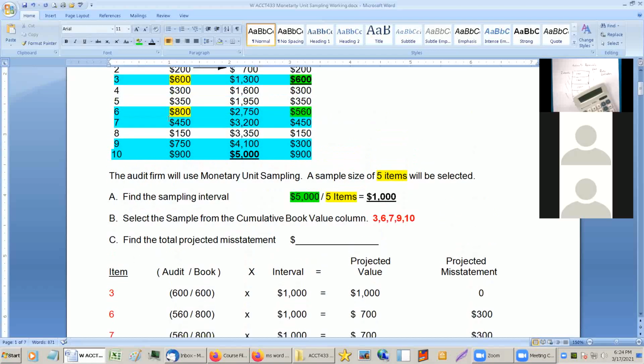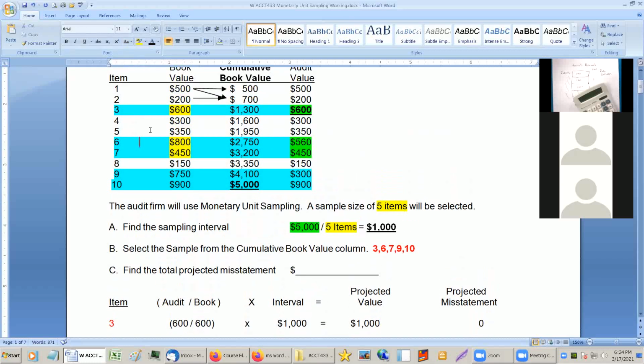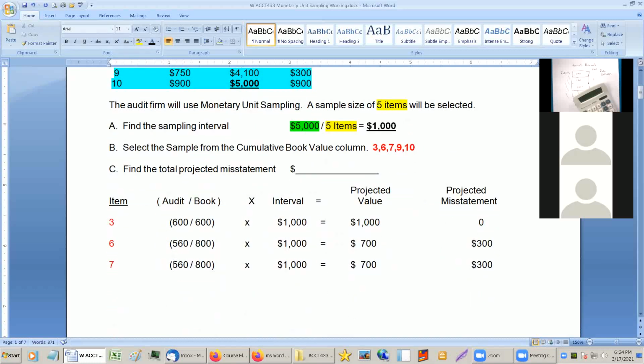Okay, let's go to the next. The audit amount was 450. The book amount was 450, so this is 450 over 450.